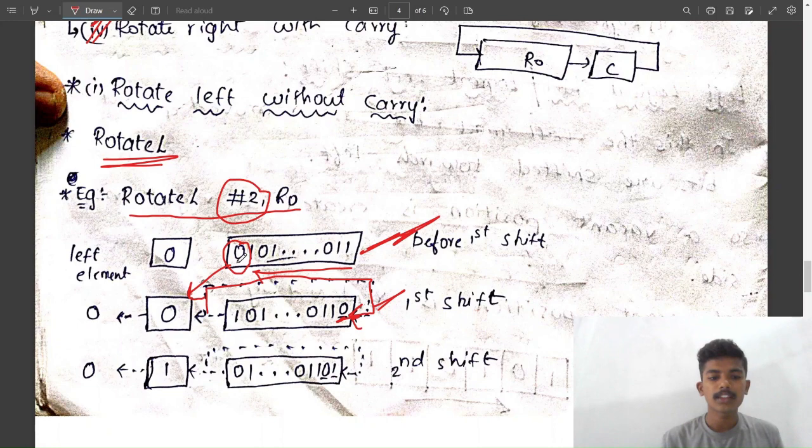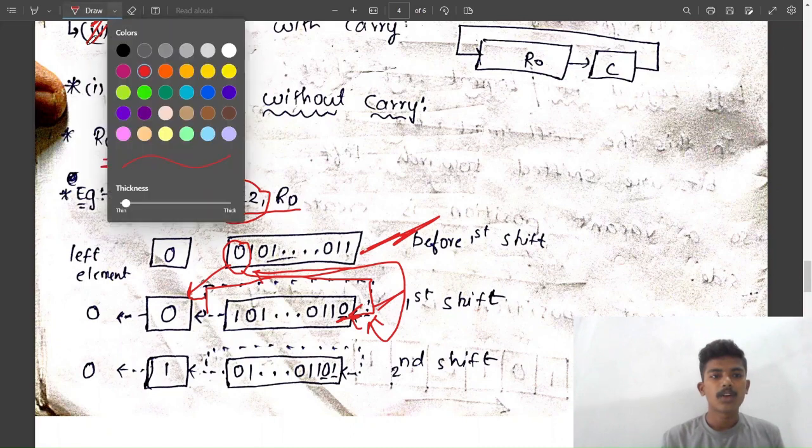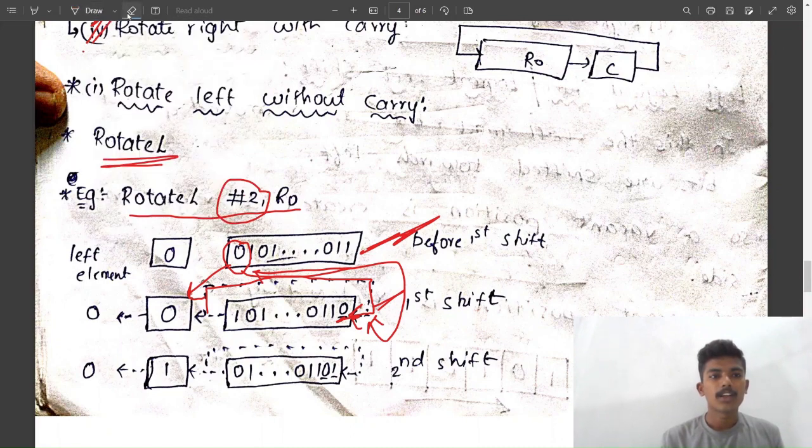As we are shifting 0, this 0 is used in this. Now wait, I will explain with a clearer one.